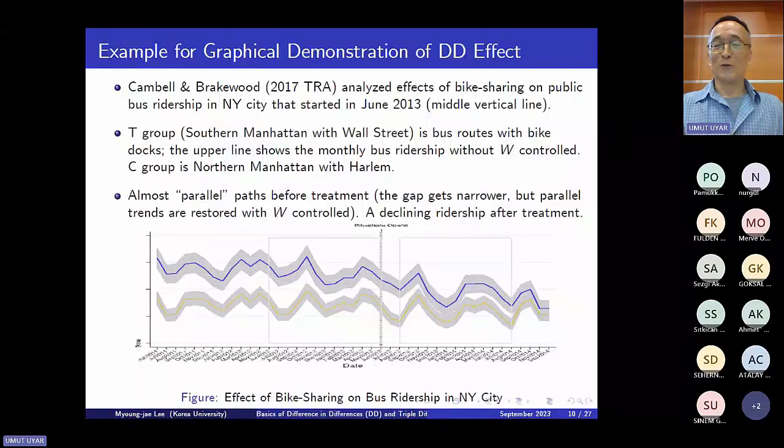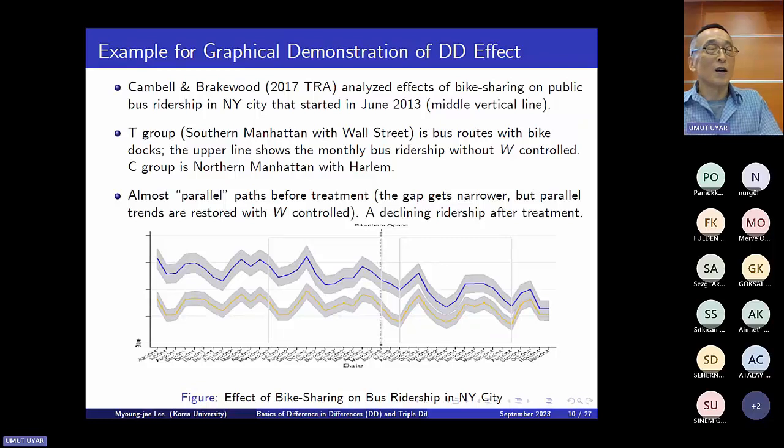For the minimum wage example, people typically use some industry supposedly not affected by treatment. If you work in the finance industry, probably your wage is already too high, so you are not subject to the minimum wage. Like the accounting rule change, probably some firms are not affected, although the law generally applies to everybody.